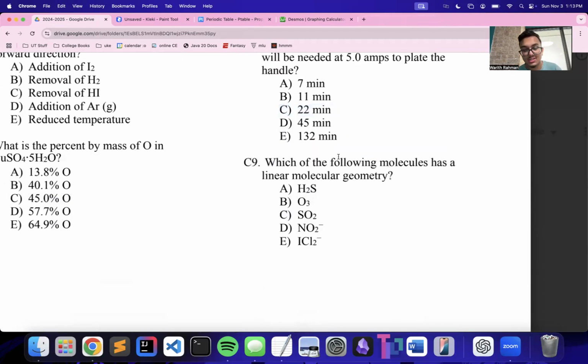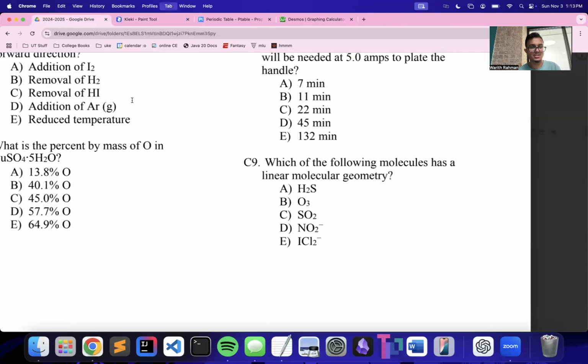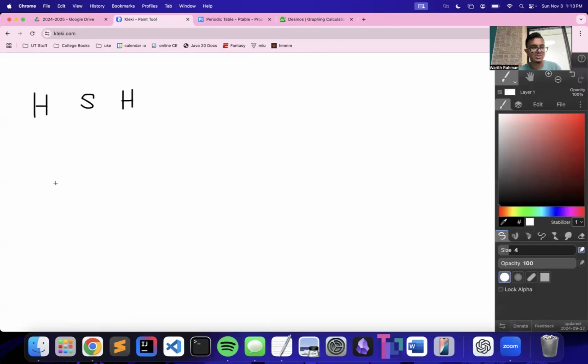Number 9. Which of the following molecules has a linear molecular geometry? Okay. Starting off with H, I'm going to draw each of these, so this may take a while. Feel free to skip this a bit. I'm just going to be drawing for a sec.